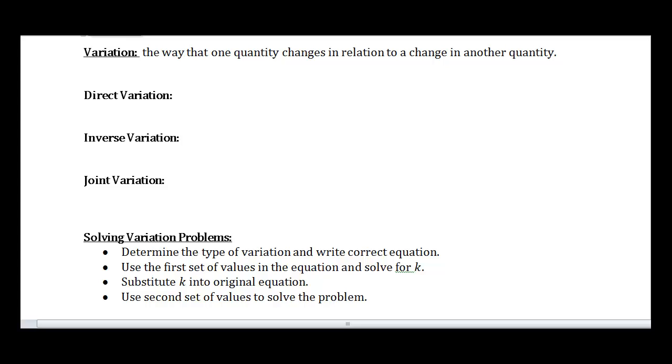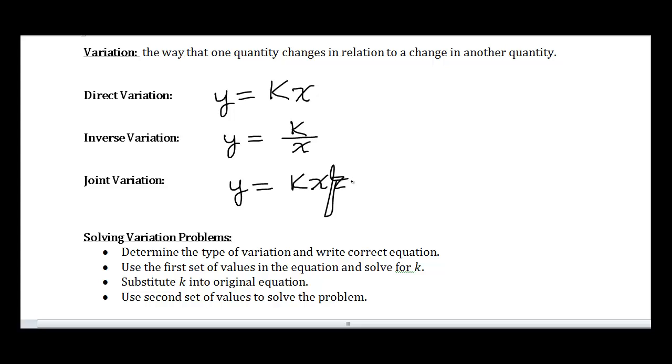With direct variation, we follow the equation y equals k times x. With inverse variation, we follow the equation y equals k divided by x. And with joint variation, we follow the equation y equals k times x times z.